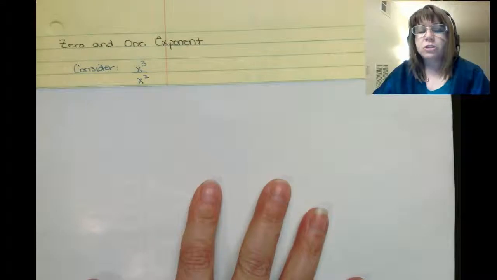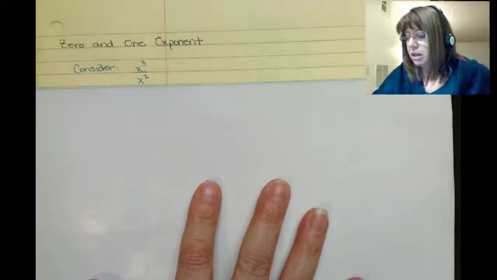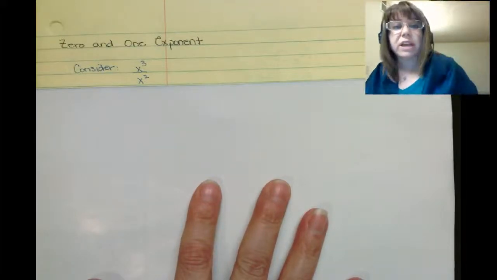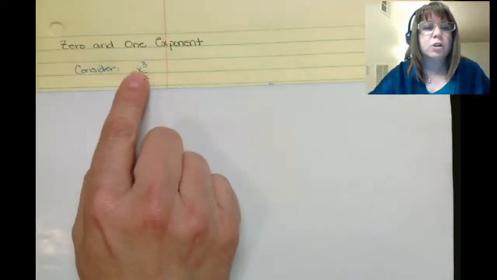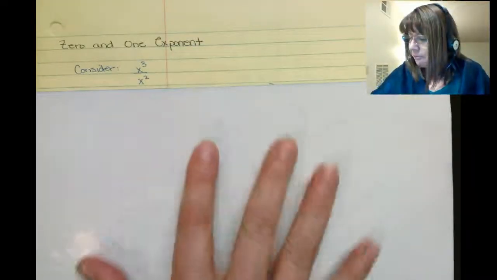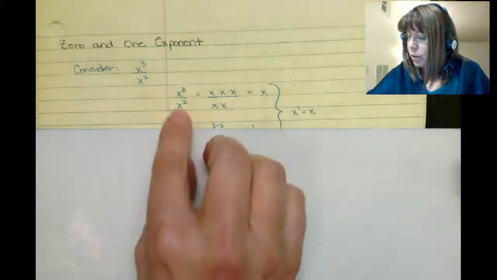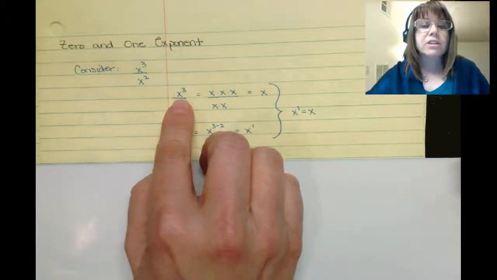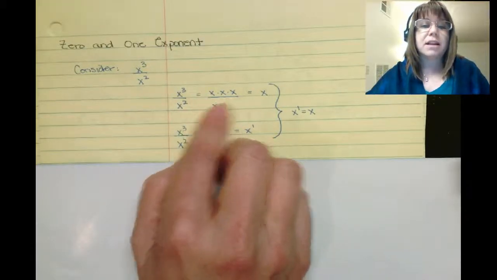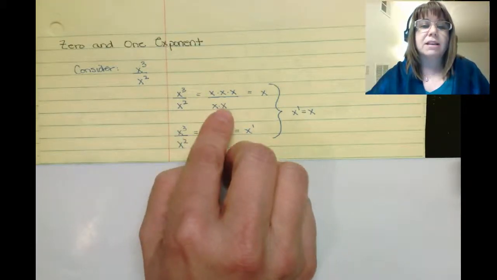Now there's two special exponents that we haven't really chatted about yet, but let's look at them. We're going to talk about the exponent of 0 and the exponent of 1. Let's consider x cubed over x squared. Well, if I work that out the long way, x cubed is x times x times x, x squared is x times x.